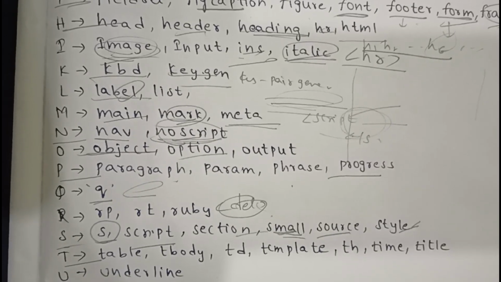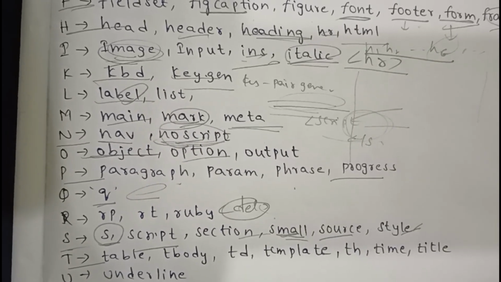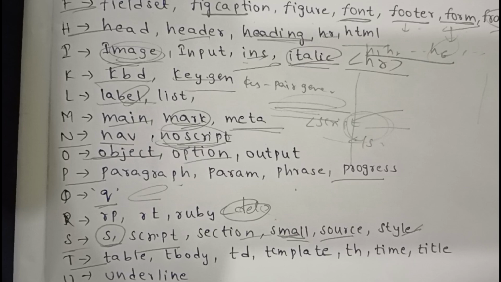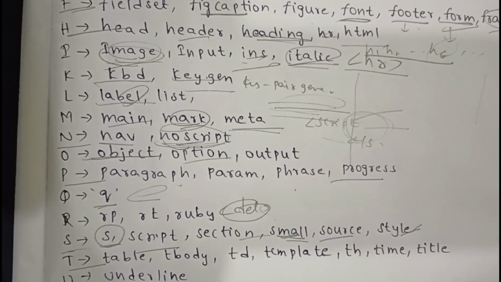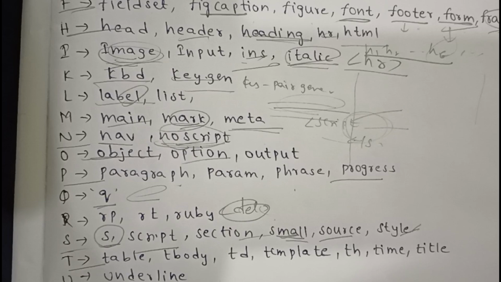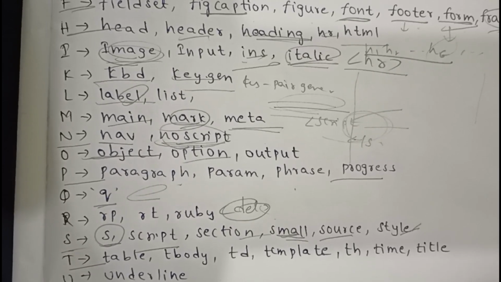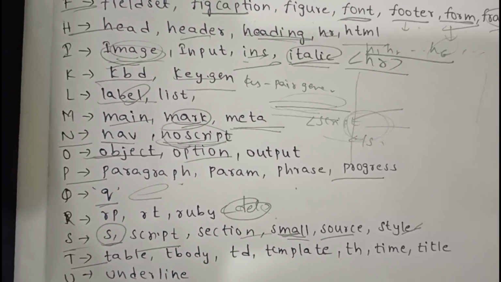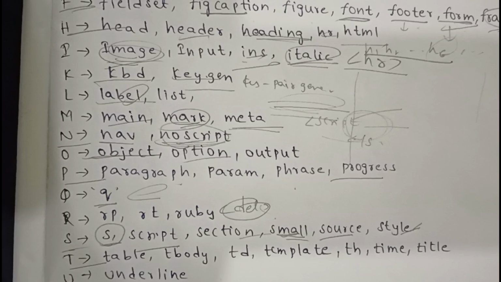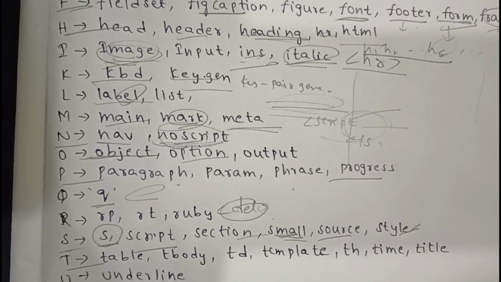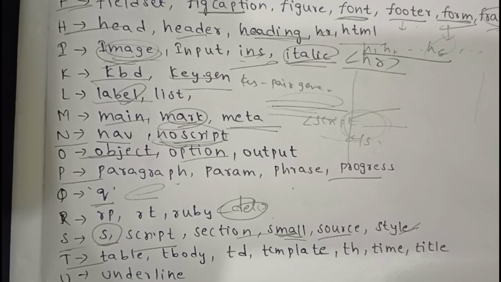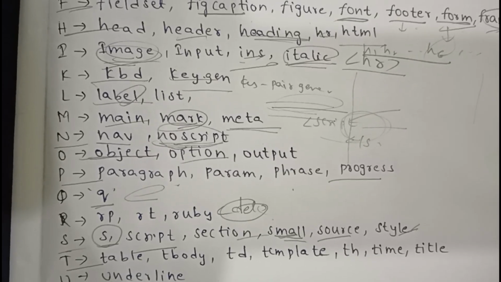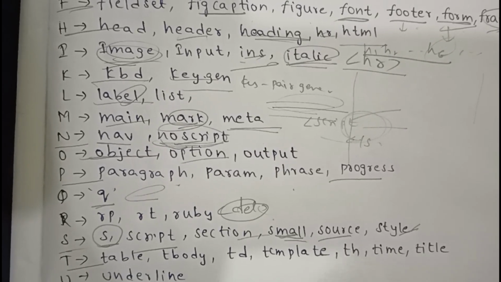Next, t. In t we have table, which is used in many various ways, and we'll understand its usage through examples. An HTML table is an arrangement of data in the form of rows and columns, or possibly a complex structure. Next, tbody is used to group the same type of content in the body element. td is a tag which is used to define the standard cell in the HTML table.